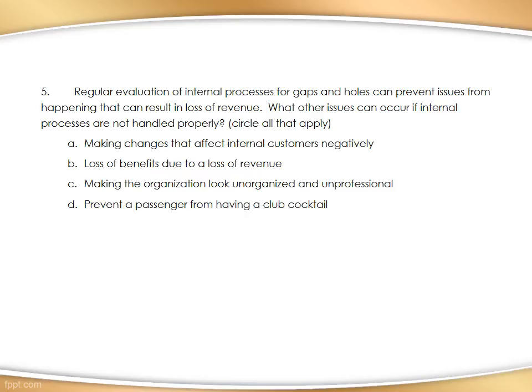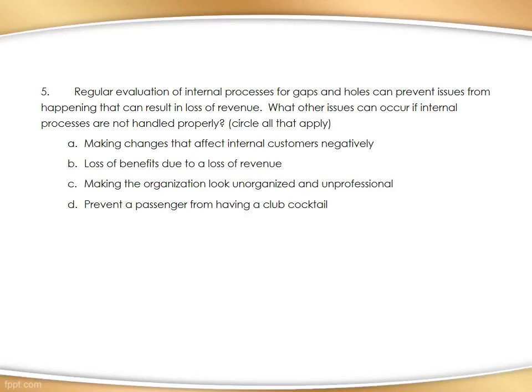And the last one, number 5. Regular evaluation of internal processes for gaps and holes can prevent issues from happening that can result in loss of revenue. What other issues can occur if internal processes are not handled properly? Circle all that apply. Making changes that affect internal customers negatively. Loss of benefits due to a loss of revenue.